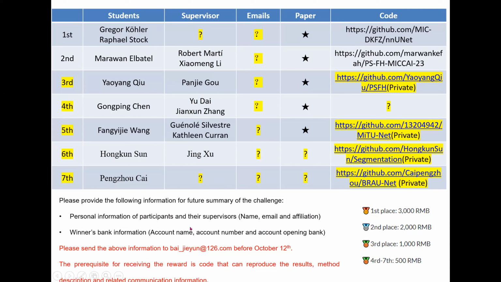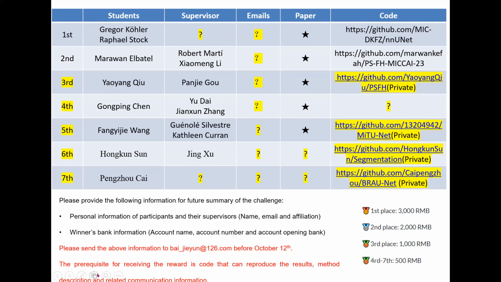According to this information, we will give the cash reward. The first one is 3,000 RMB. The second one is 2,000. The third one is 1,000. 4 to 7 will each get 500.